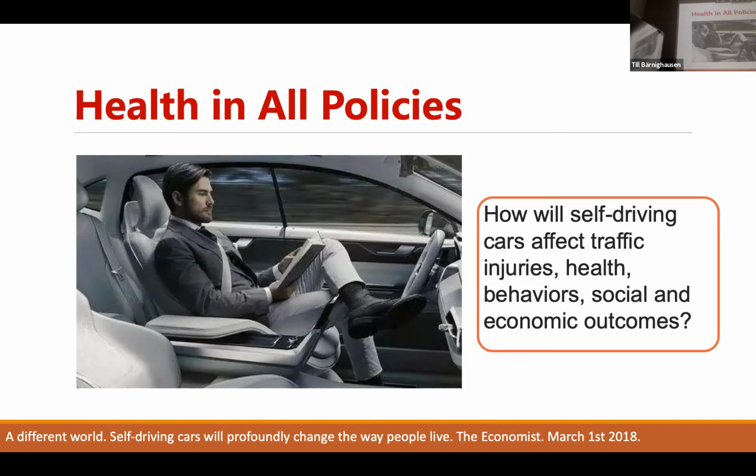They said 90 to 94% of road traffic injuries are due to human errors. Wow, that's a really big number. So if self-driving cars can replace human-driven cars, are we reducing road traffic injuries by a big amount?